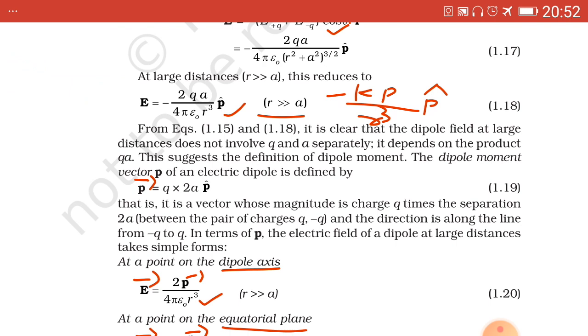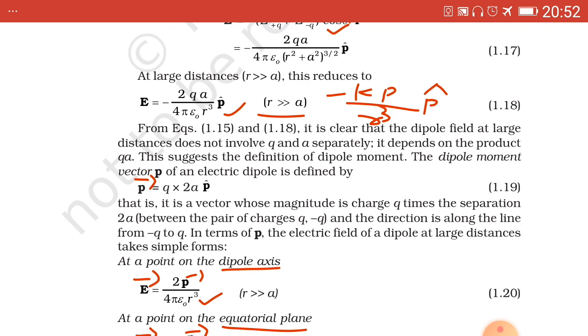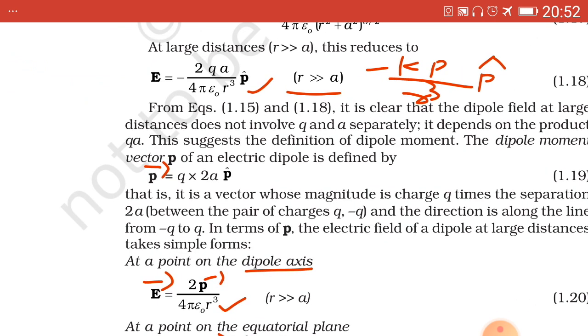Now the point which we have already discussed ahead in the electric dipole and its dipole moment, here again it comes in the description. The dipole moment vector P of an electric dipole is defined by vector P equal to q into 2a into P hat.